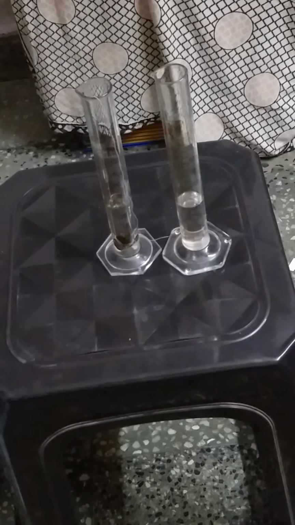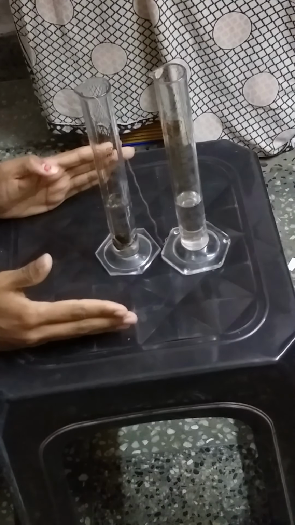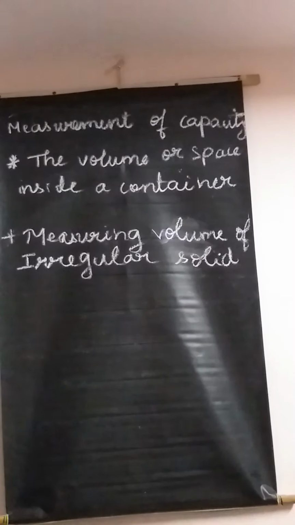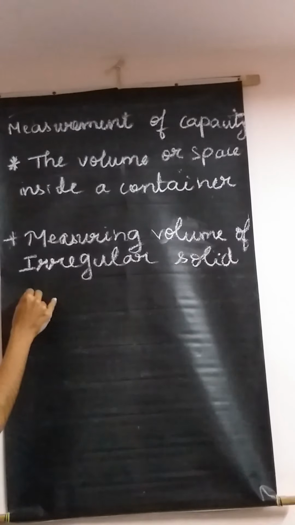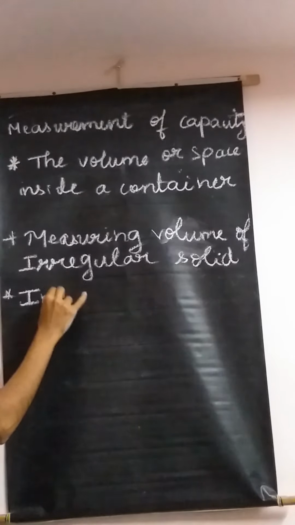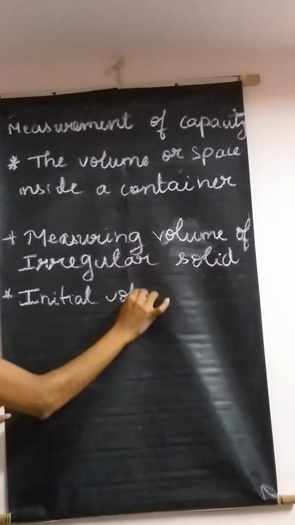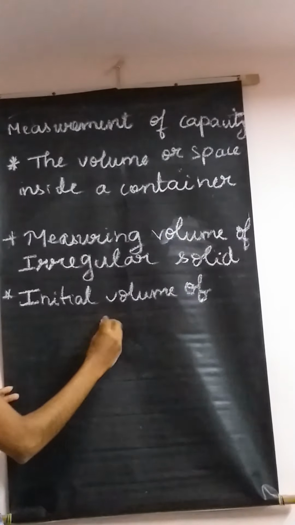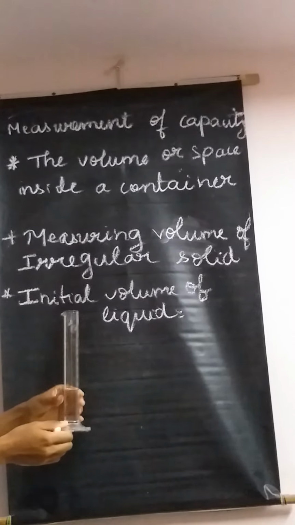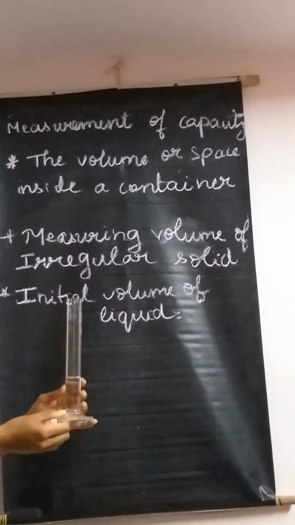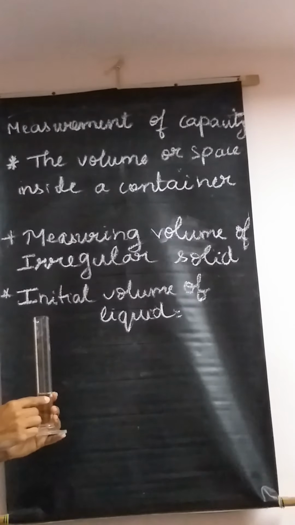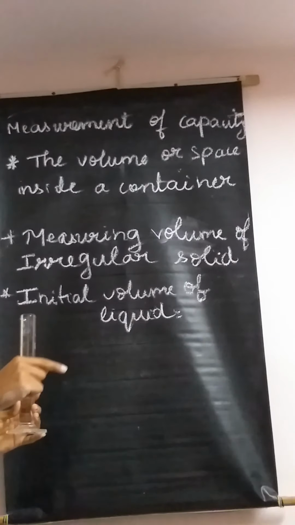And now let us calculate. Let us move towards the blackboard and see how to calculate the volume of the irregular solid. Children, let's calculate now. First let us write the initial volume of liquid. How much was the initial volume of liquid? I have the measuring cylinder in my hand, and you can see here 20 milliliter is the initial volume of the liquid.